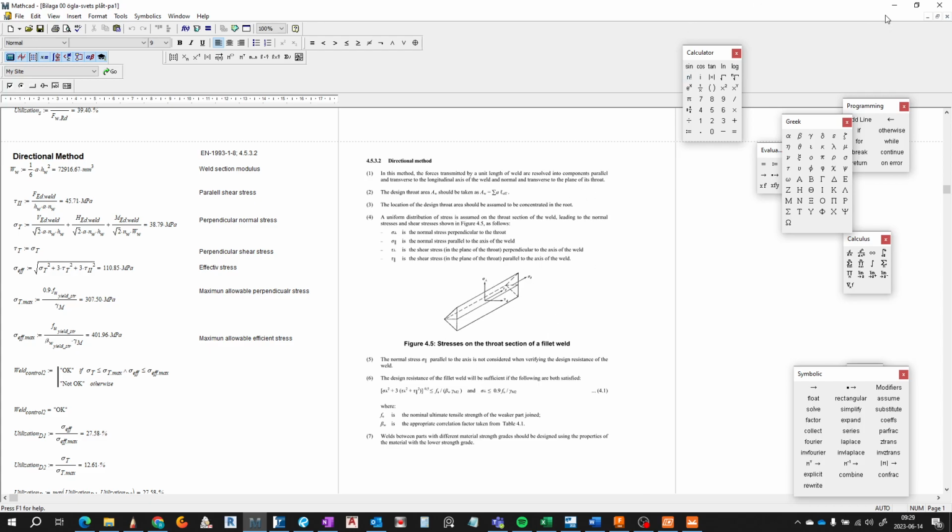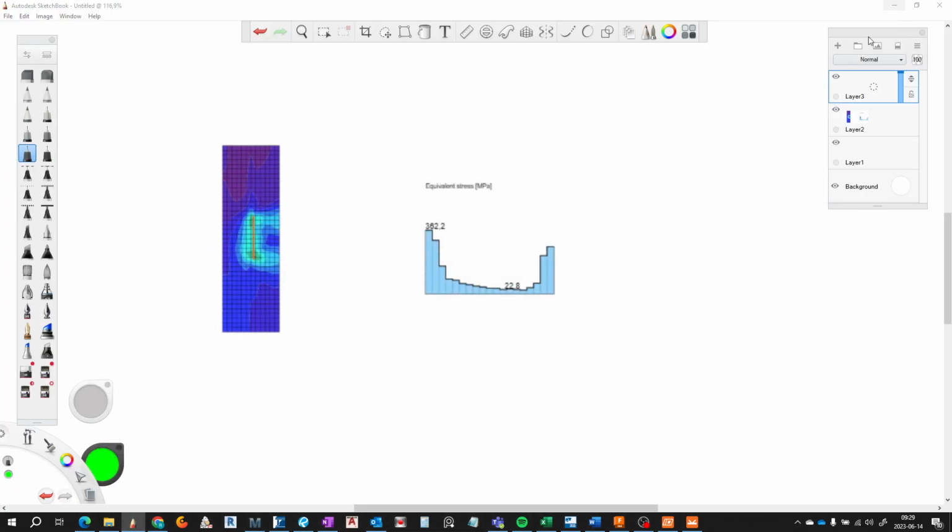In this control, they are taking a median value of the stresses, which I mean, the median value, it could be there. So that would be the equivalent stress.